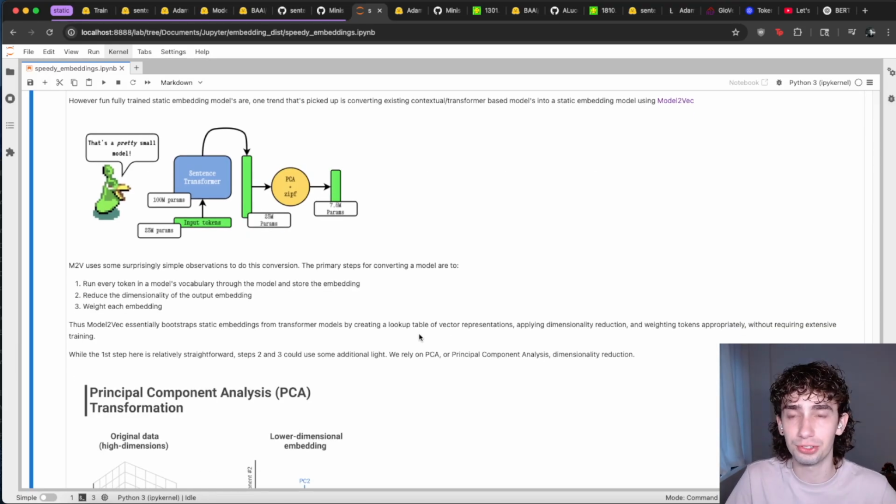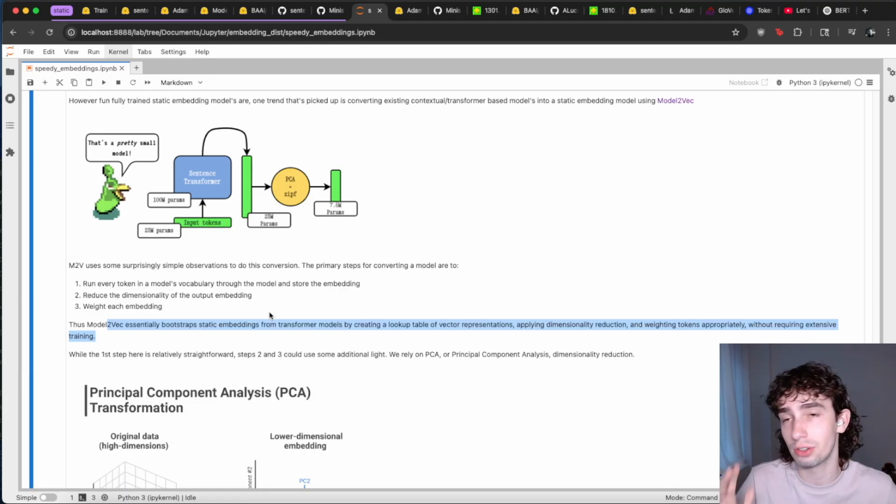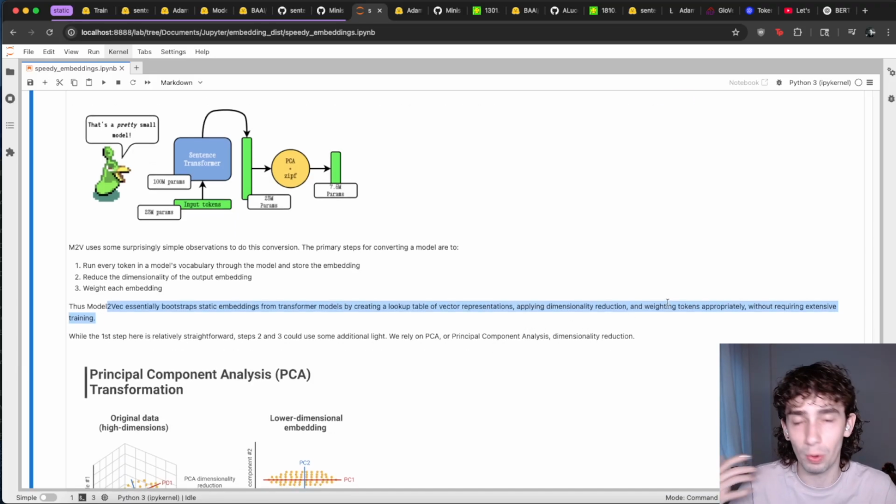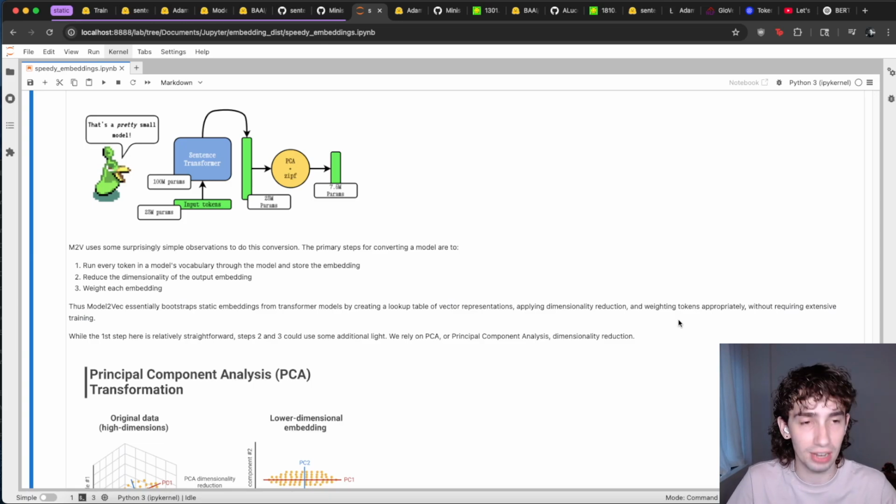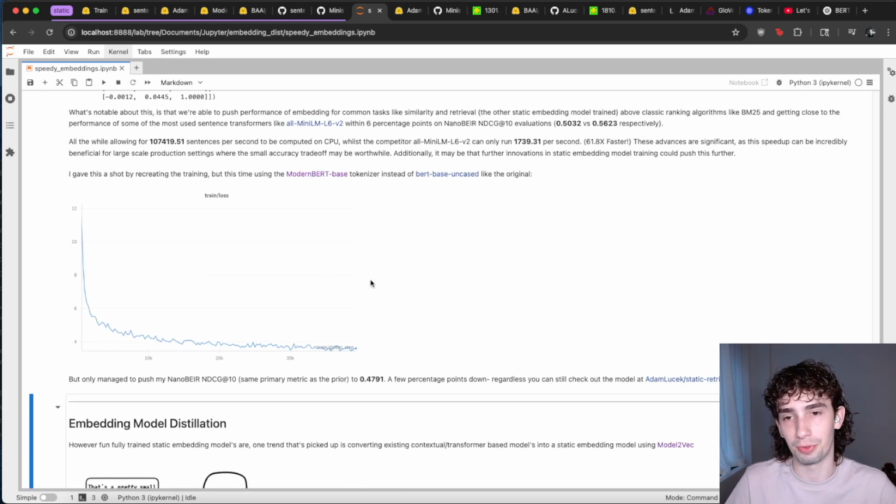This is a super interesting way of approaching it because essentially it's going to bootstrap static embeddings from transformer models by creating that lookup table of vector representations directly. It then also applies the dimensionality reduction and weights tokens appropriately without requiring any sort of extensive training that we might have seen in some of our examples before.